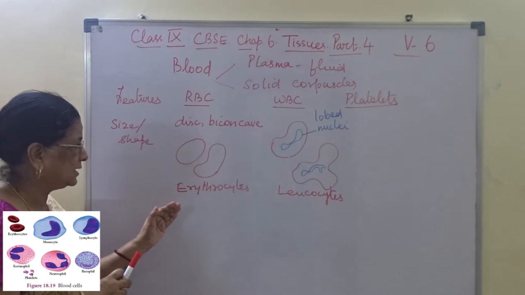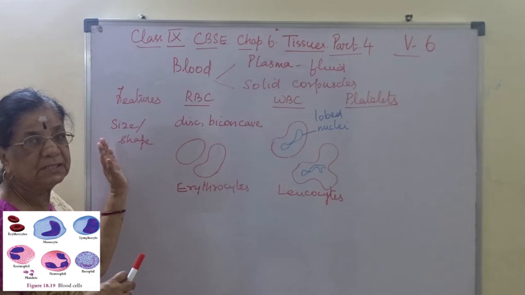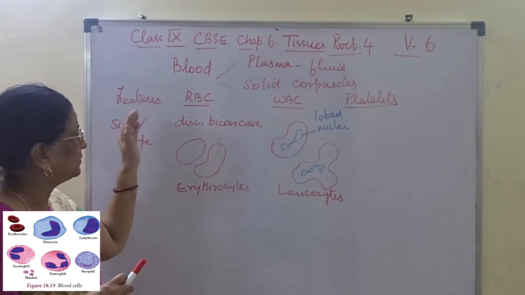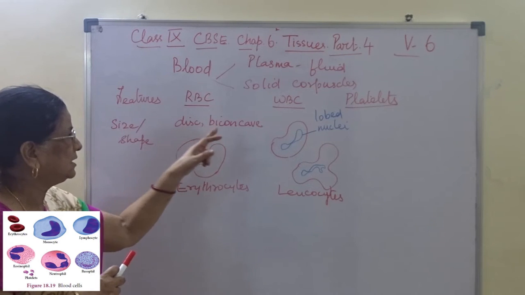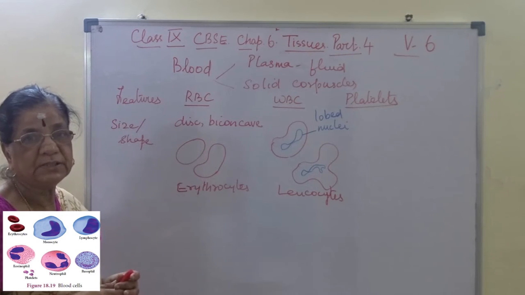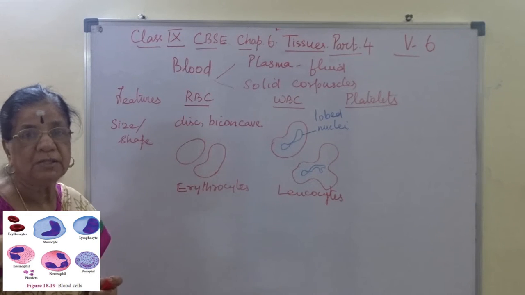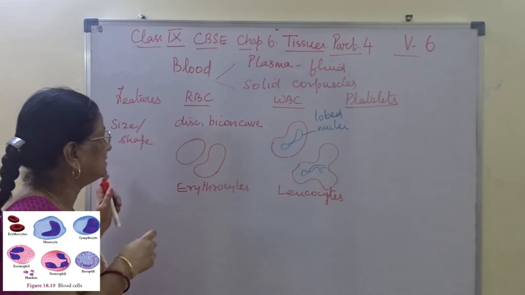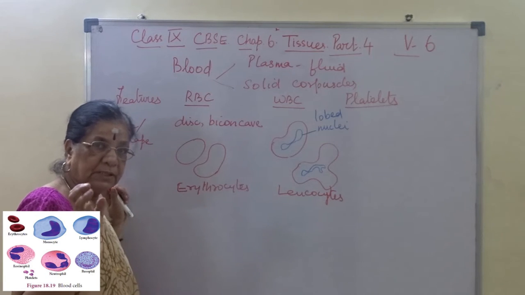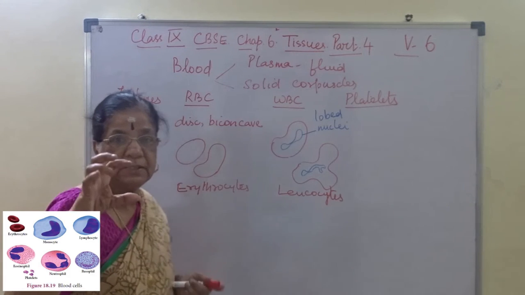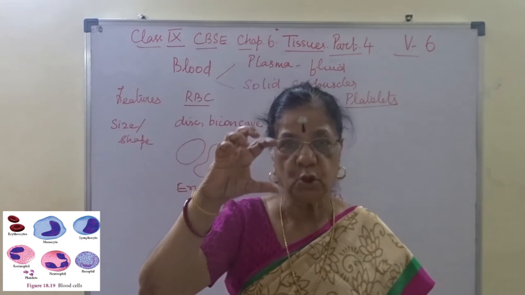Now the erythrocytes. First, the size and shape: they are disc shaped and biconcave in nature, and they are arranged like a coin.